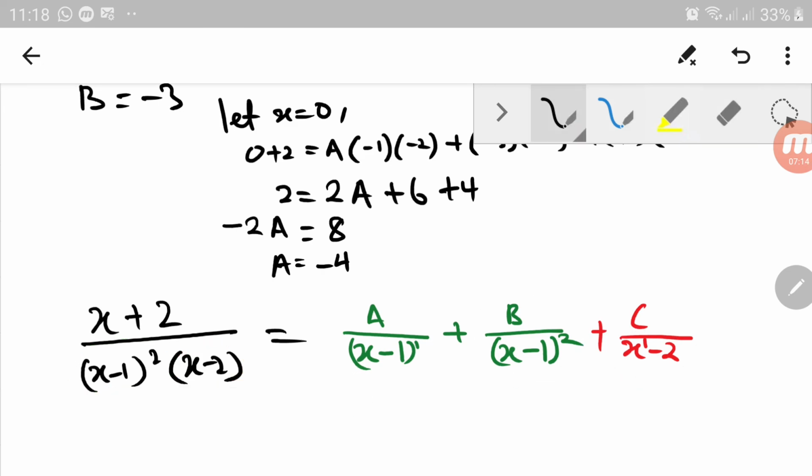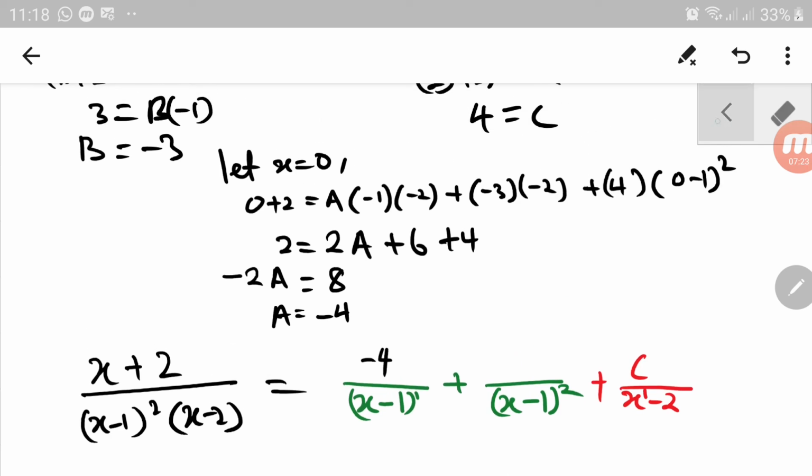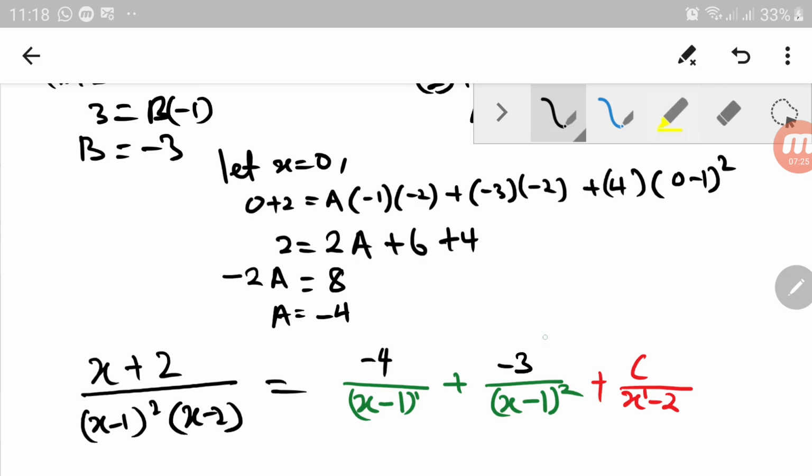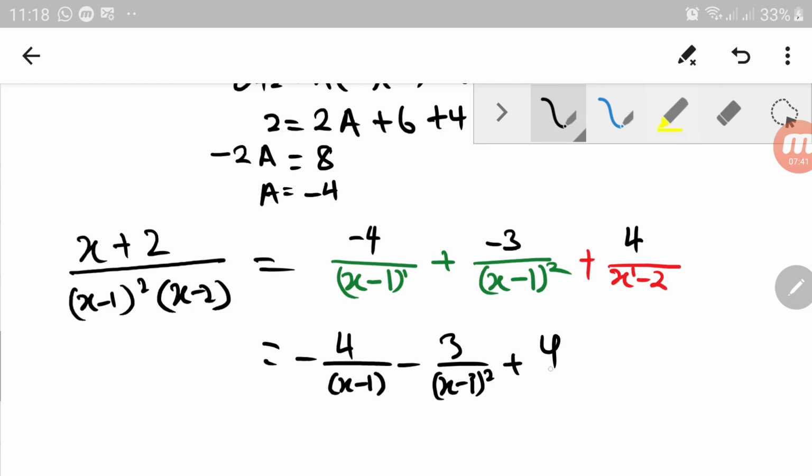A is minus 4, B is minus 3, and C is 4. So maybe we rewrite it to be like this: minus 4 over x minus 1, minus 3 over x minus 1 squared, plus 4 over x minus 2.